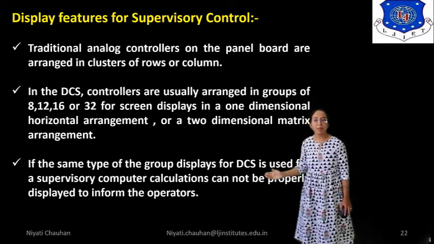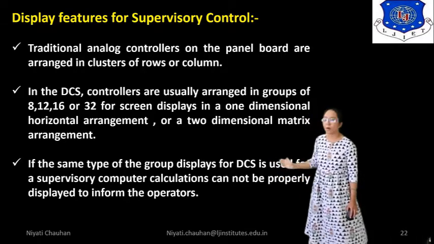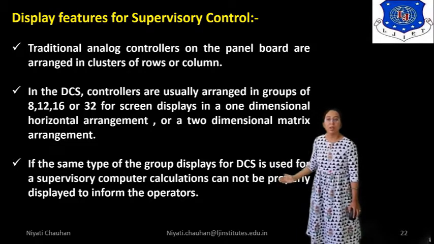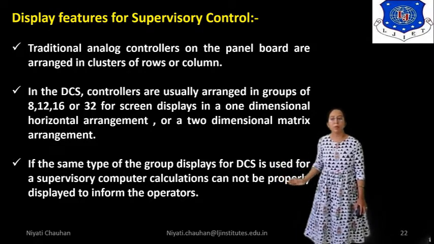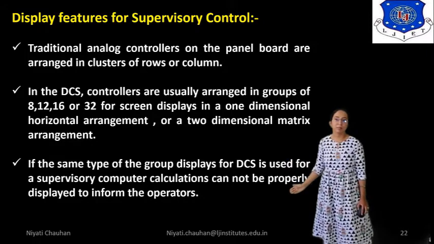If the same type of group display for DCS is used for a supervisory computer, calculation cannot be properly displayed to inform the operators.